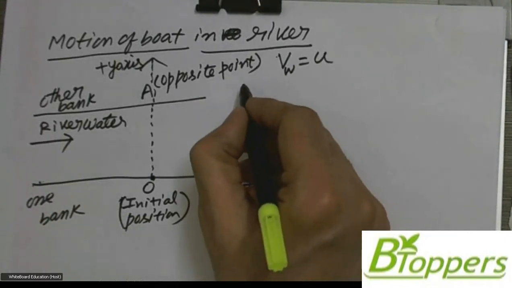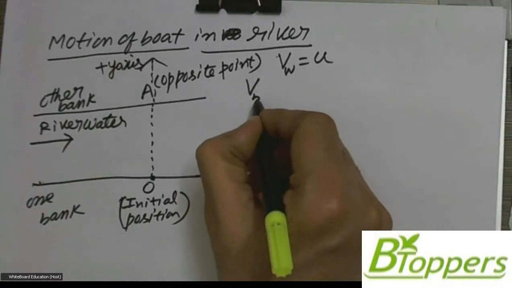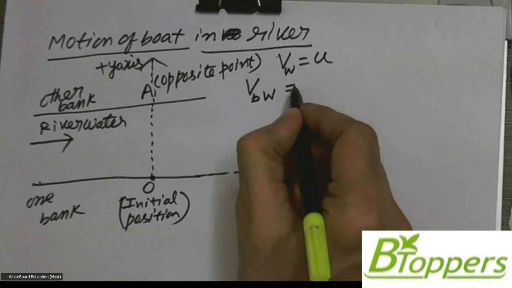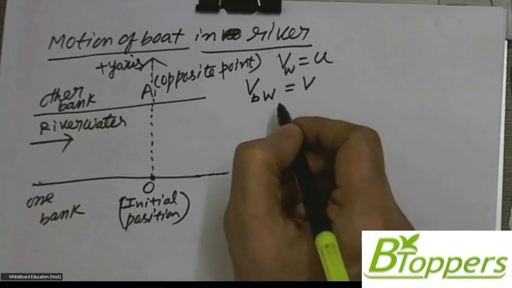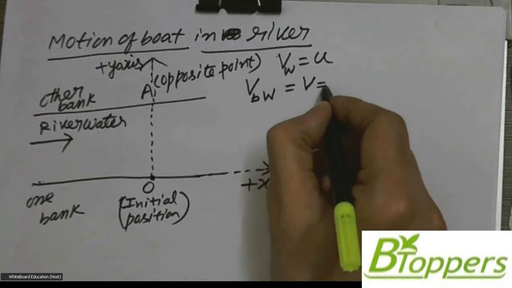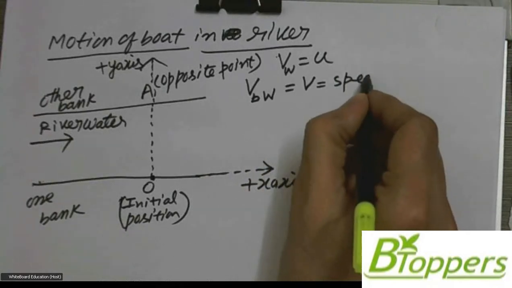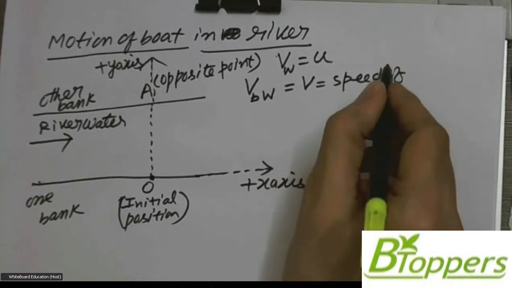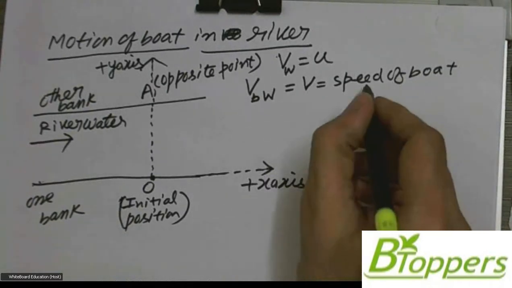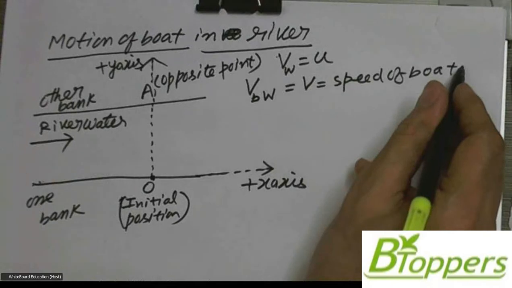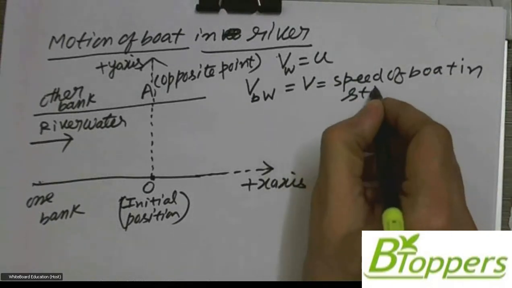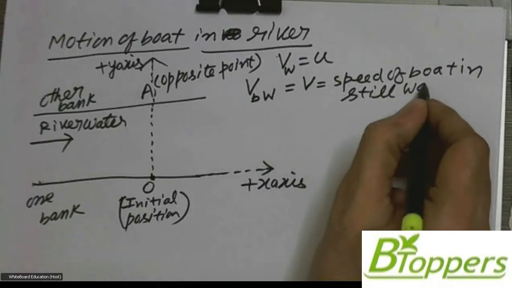The speed of the boat with respect to water, or speed of boat in still water, I denote by V. So here V represents the speed of boat in still water.